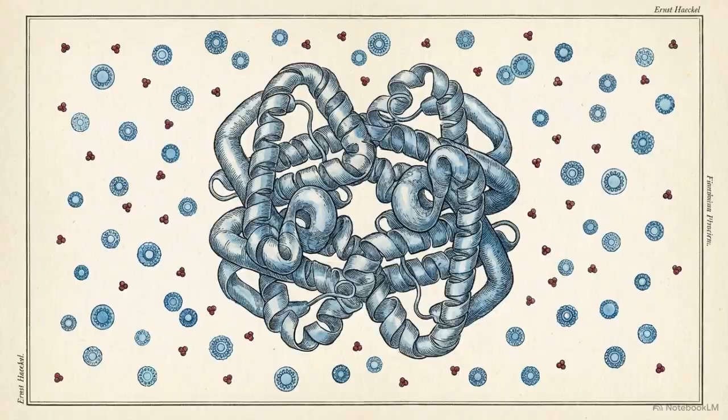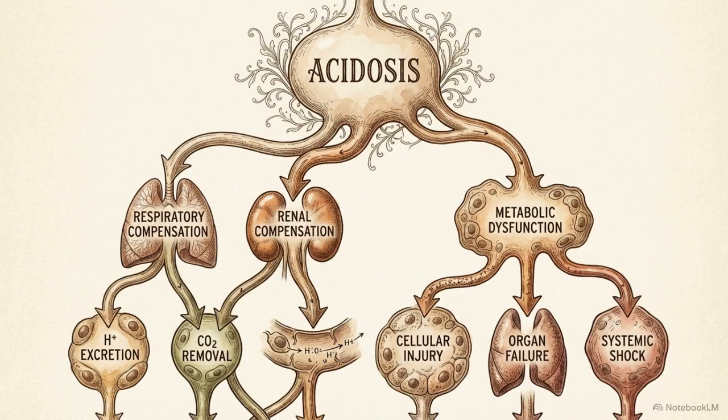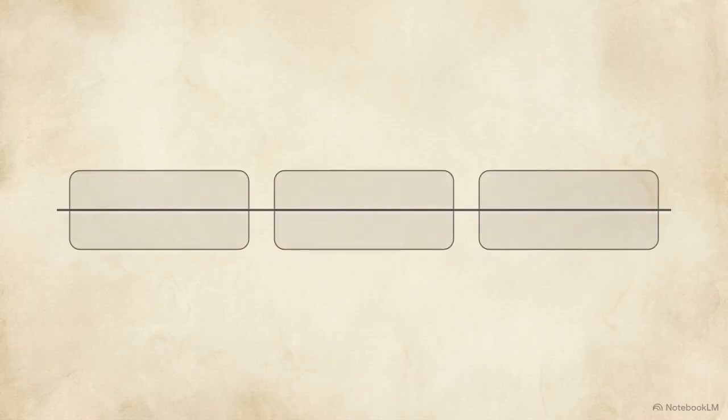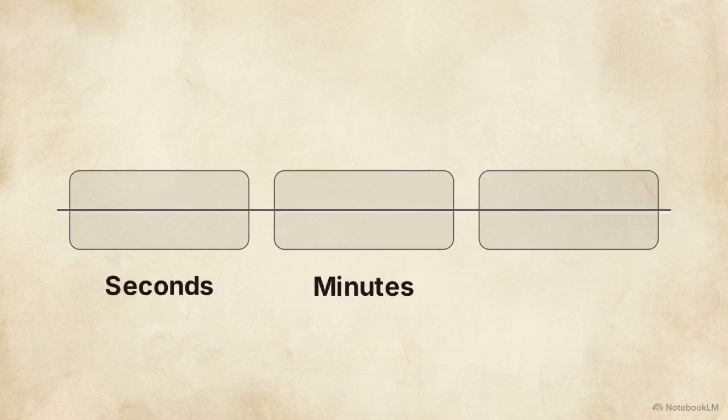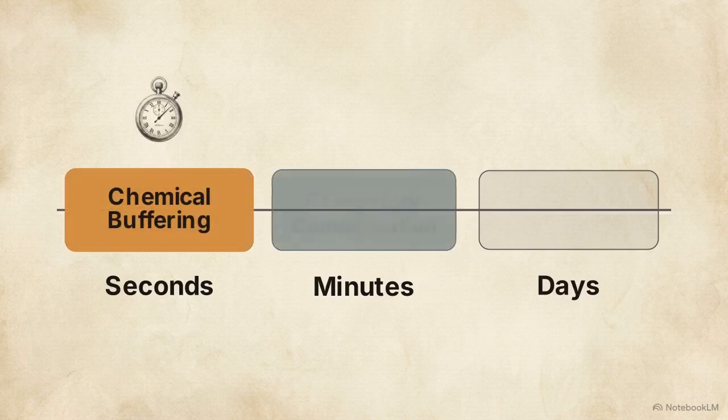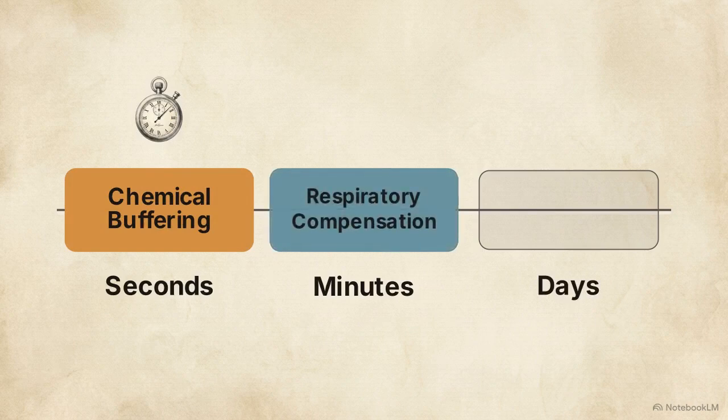clear the load. The body's response to this threat is a highly choreographed, time-dependent cascade. This timeline is the fundamental framework for understanding acid-base defense. It is divided into 3 distinct phases: seconds, minutes, and days. The first phase is immediate chemical buffering, occurring in seconds.